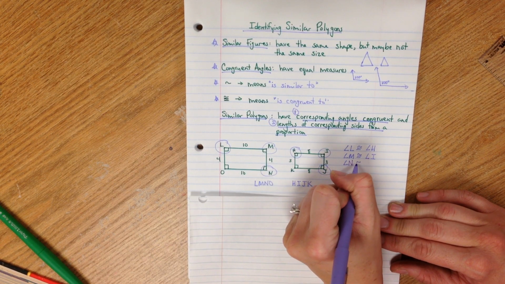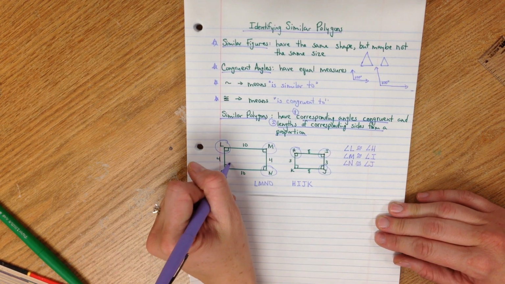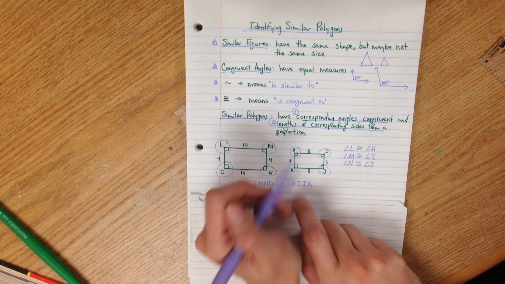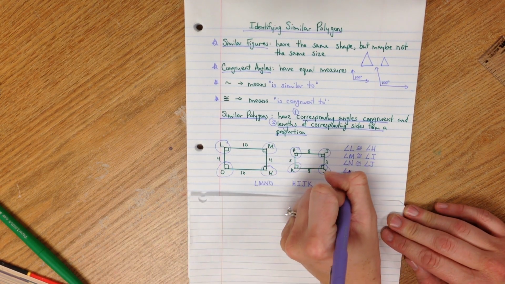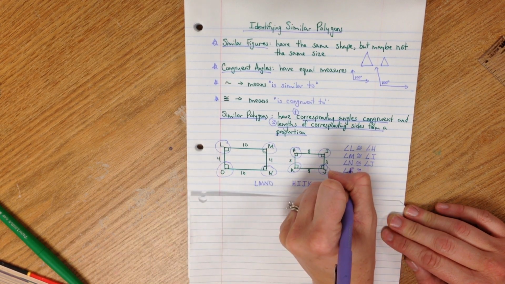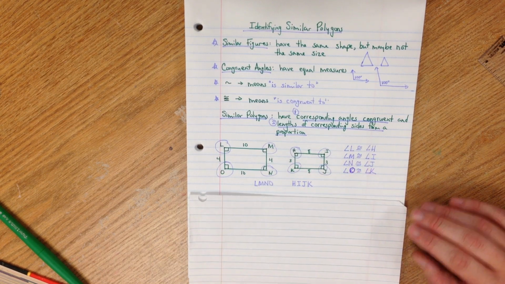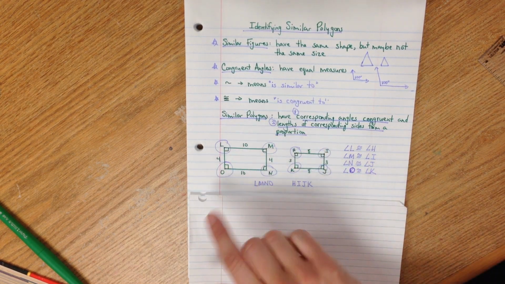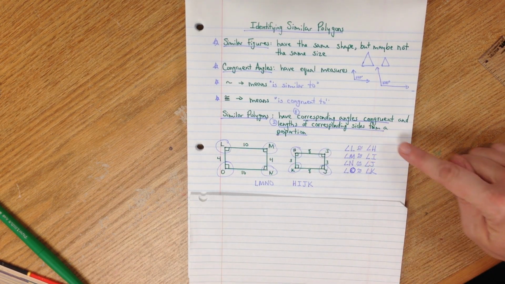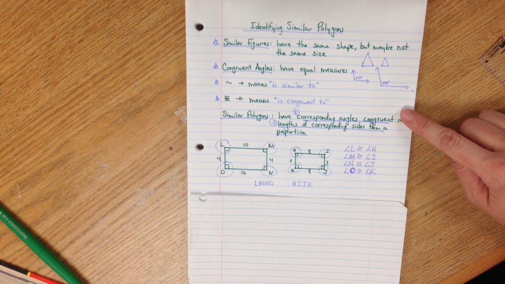Angle N is congruent to angle J. And then finally angle O, and the angle that corresponds to it, in the same spot on this rectangle, is angle K. I should have started with O, sorry. Angle O is congruent to angle K. So the first test of whether or not these two shapes are similar is, are their corresponding angles congruent? Yes, I just proved that all four of them are. So far we're on track.